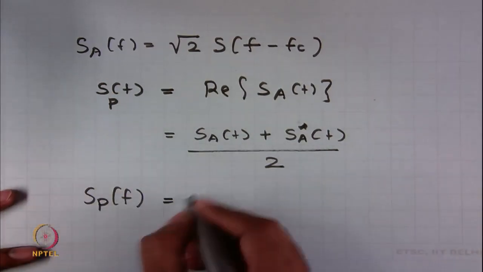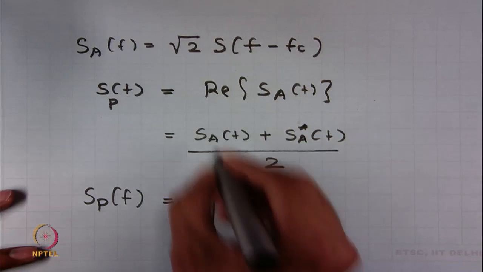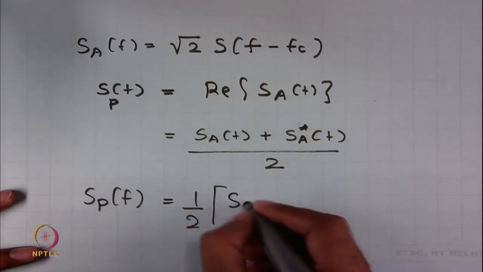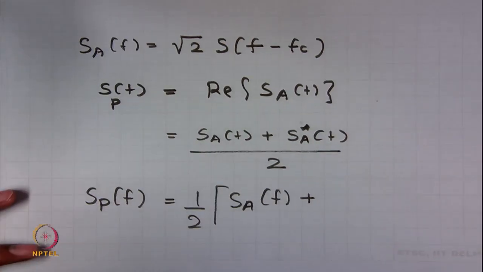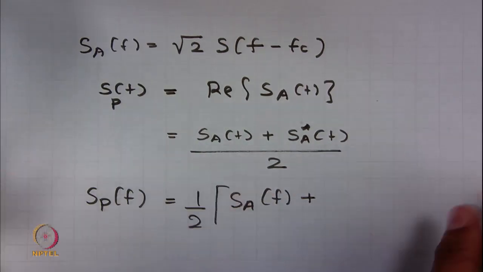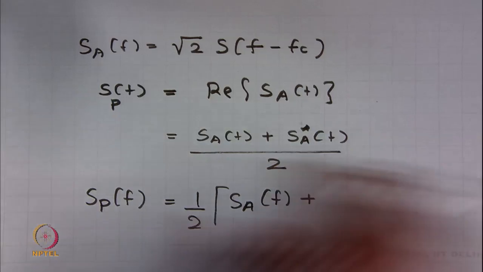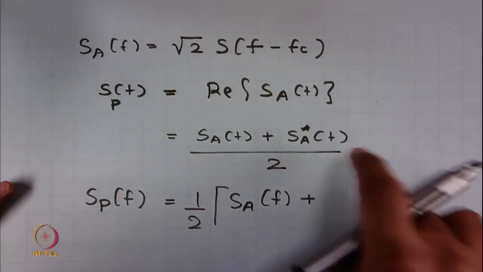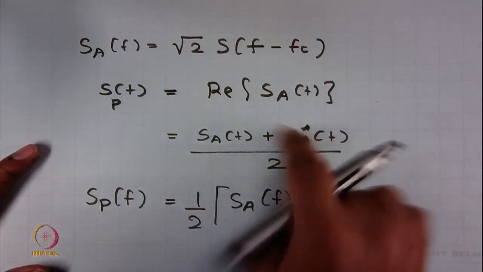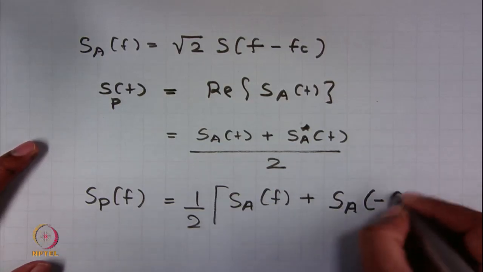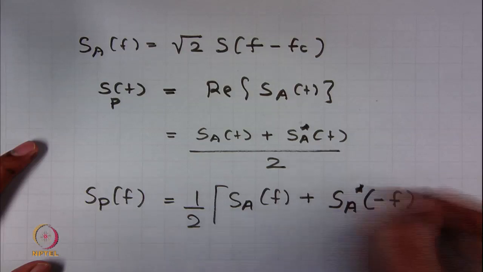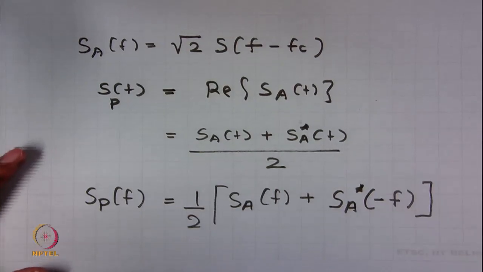should be half the spectrum of sa(t). We have called this Sa(f). Spectrum of sa(t) conjugate. Now, this is again using a property from signals and systems. The spectrum of this signal would be Sa(-f) conjugate.